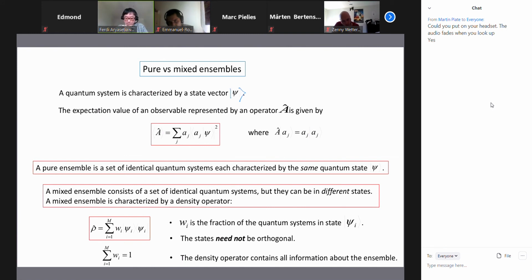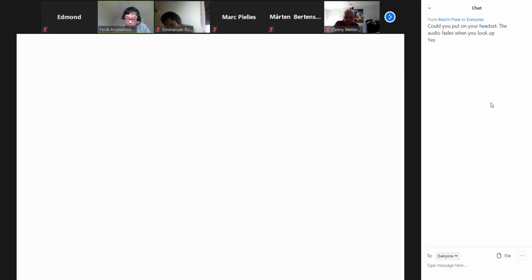And if we want to know the expectation value of some observable, which is represented by some operator, let's say A, then what we do is we take the expectation value. So what do I have here?